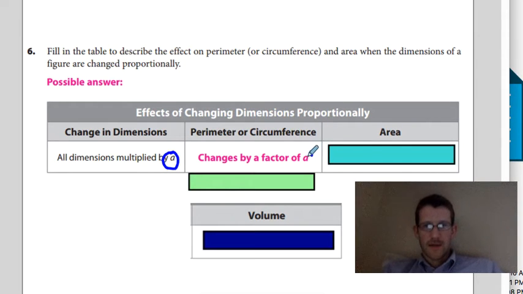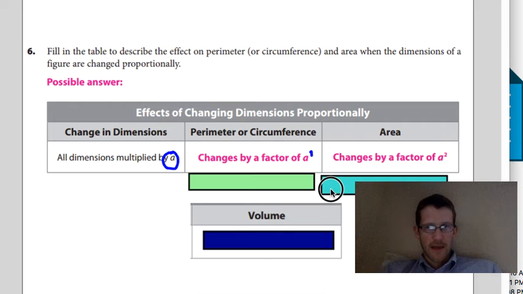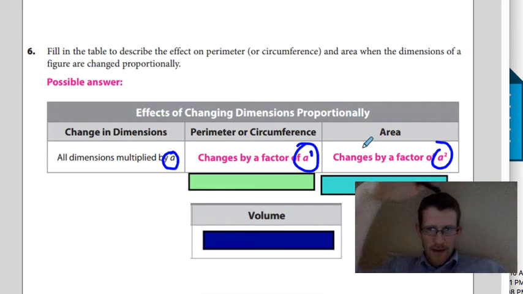A to the first is the same thing as A. Area changes not by A, but by A squared, right? Area is a two-dimensional thing. Perimeter is one dimension, length. Area is length and height, or width and height, something like that.